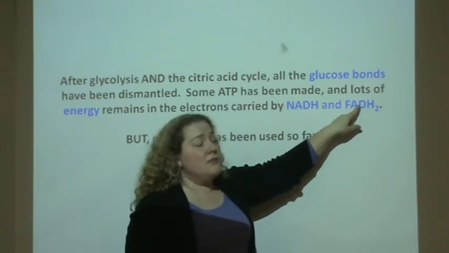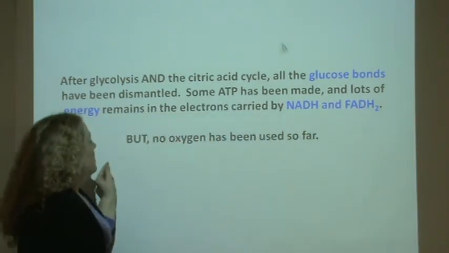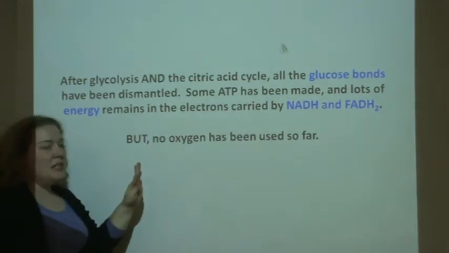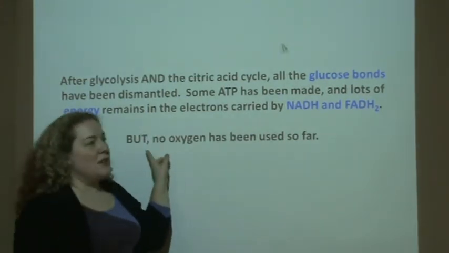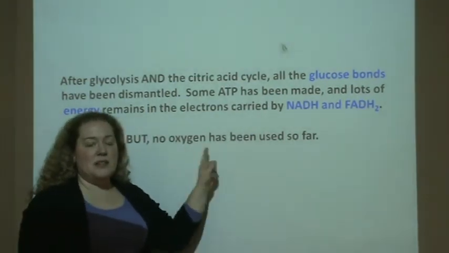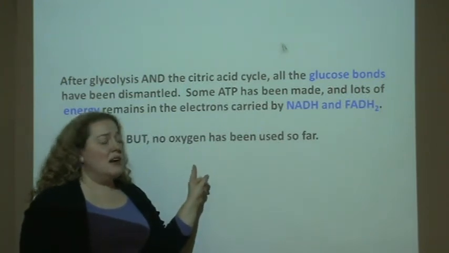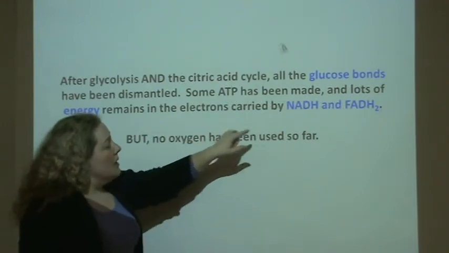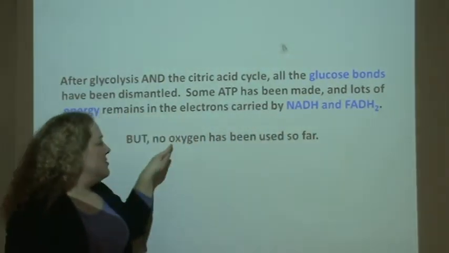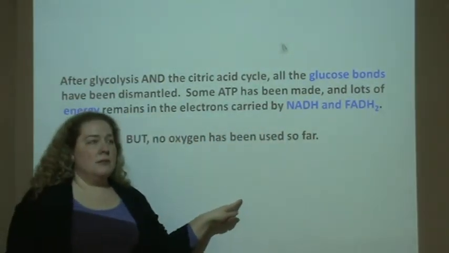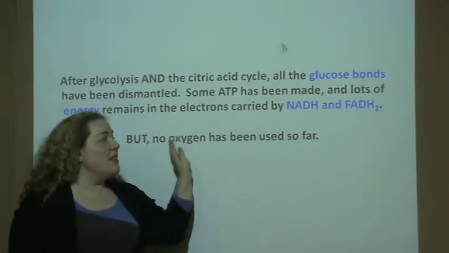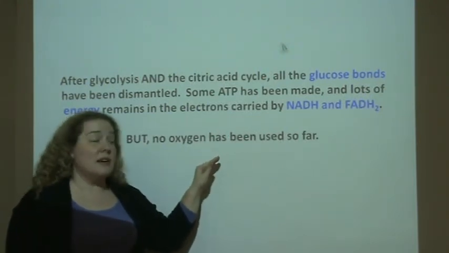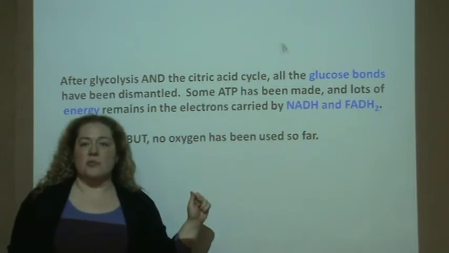There are a lot of those still hanging around, with only 4 ATP, and from the equation that you memorized for this process, we haven't seen oxygen yet, nor have we seen water yet. So, electron carriers, oxygen, water, a lot more ATP, all of that has to come from the next step in the cycle, which is the electron transport chain.